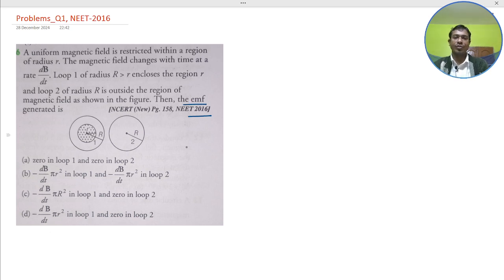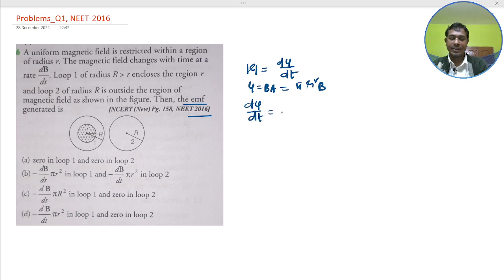You know the equation: the induced EMF is minus d phi dt, where phi equals BA, that is pi r square B, and d phi dt is pi r square dB dt.